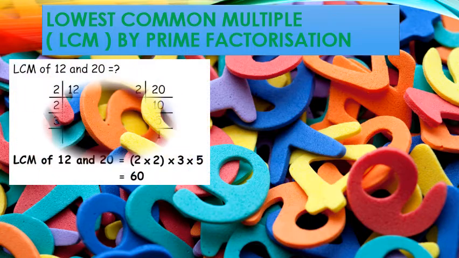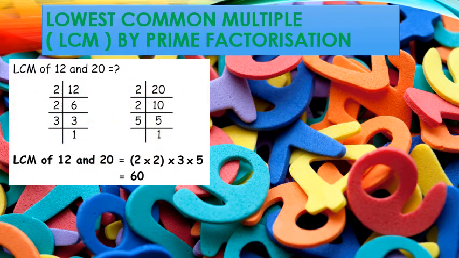So let's take an example. The example is 12 and 20. 12 when prime factorized gives us 2 into 2 into 3. And 20 when we do the prime factorization gives us 2 into 2 into 5. To find the LCM, we multiply the common factors.